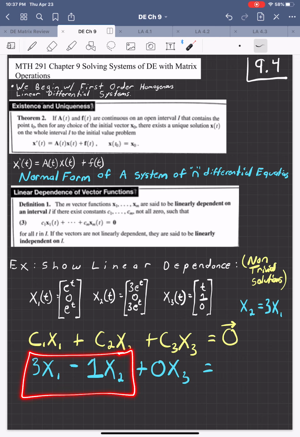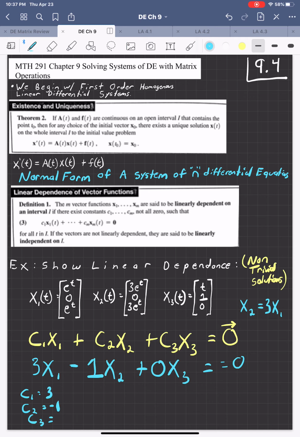That would zero both vectors out because they're scalar multiples. Then all I would have to do is choose a 0 as the scalar for x sub 3, and then I would indeed reach 0. So I could reach 0 by choosing c sub 1 equal to 3, c sub 2 equal to -1, c sub 3 equal to 0.